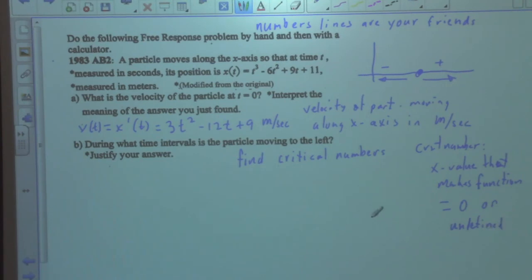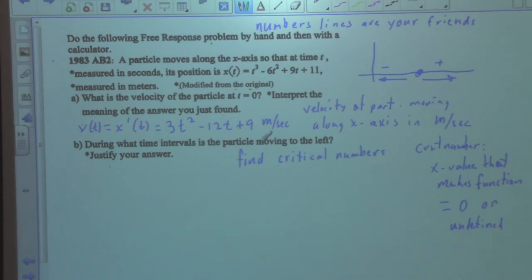So that's what a critical number is. Now in the case of polynomial functions, you don't really have to worry about undefineds at all, but it's zeros that you're really trying to find, the zeros of this function right here.